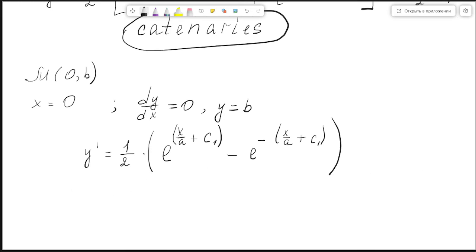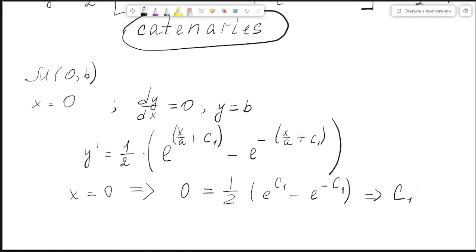Putting x equals 0 here, we obtain 0 equals 1 over 2 times e to the power of c first minus e to the power of minus c first. Hence, c first is 0.